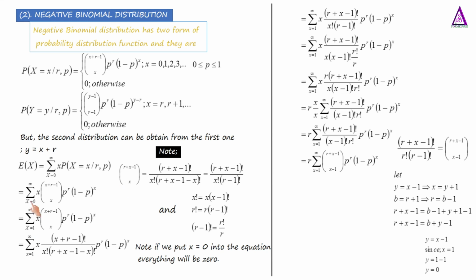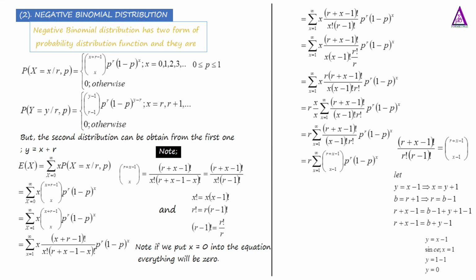When we look at the summation from x equals 0, if we put 0 in our equation 2, everything will be 0. So we need to start from 1. That's the reason why we have x ranging from 1 to infinity in that third equation.